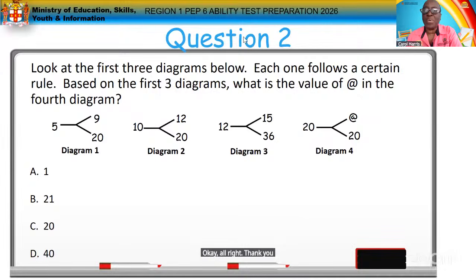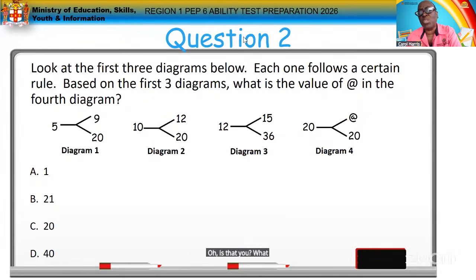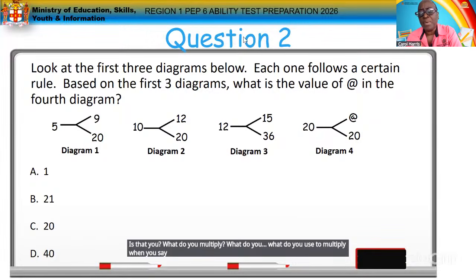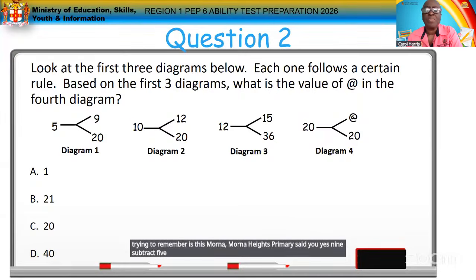So we're saying that we're adding, then we multiply. So what do you use to multiply when you say you multiply? But let me add to you, Miss Harris. I'm seeing where, is it Mona Heights Primary, said 9 subtract 5 equal 4, and then they use the 4 times the 5, which we heard.